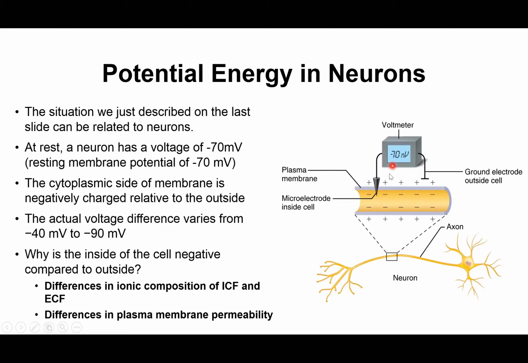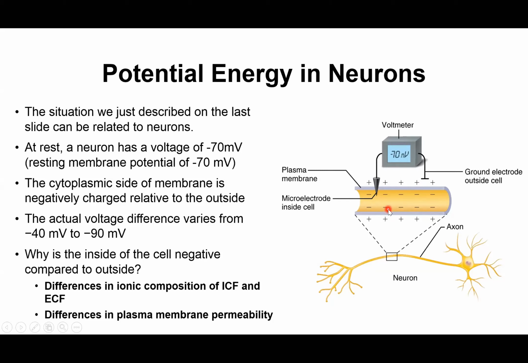So even if there were negative charges floating around out here, there's still a lot more on the inside, so we still say that it's negative relative to the outside. Okay, so the actual voltage of a resting neuron is quite variable. It could be between minus 40 millivolts and minus 90 millivolts, but as a general rule, and for testing purposes, our resting potential is minus 70 millivolts.